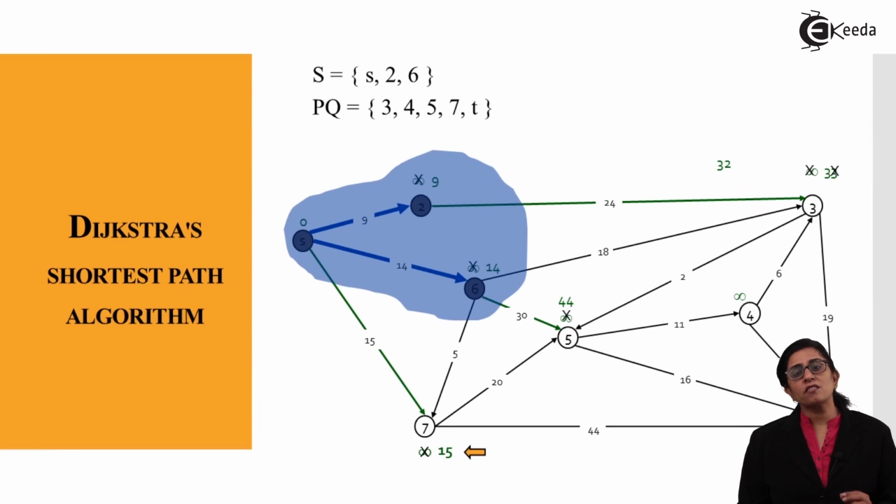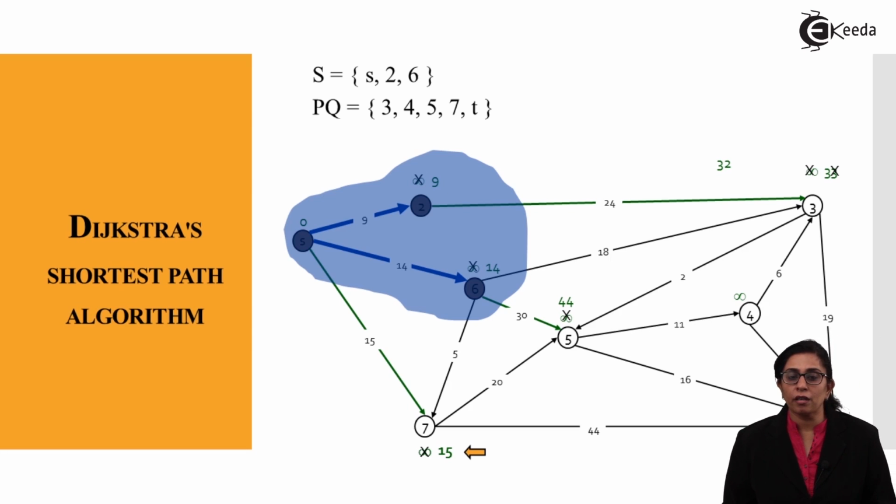But the distance to the destination can surely be calculated and written. So from node number 7, I can go to T, and the distance travelled to my destination is 15 plus 44, which is equivalent to 59. So that distance has been changed.